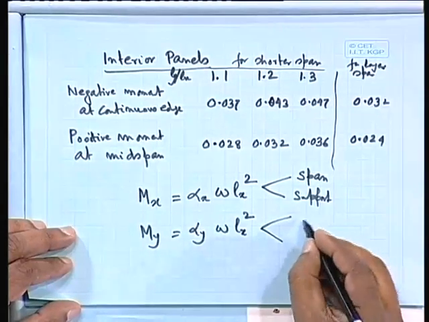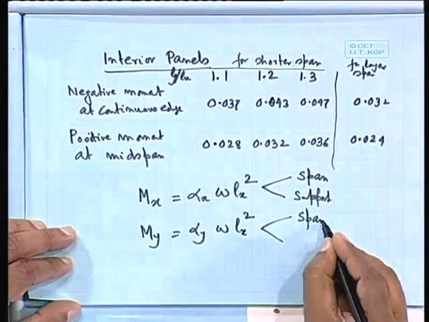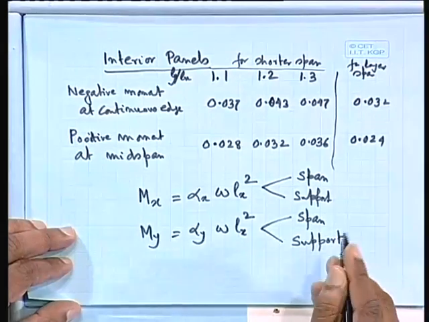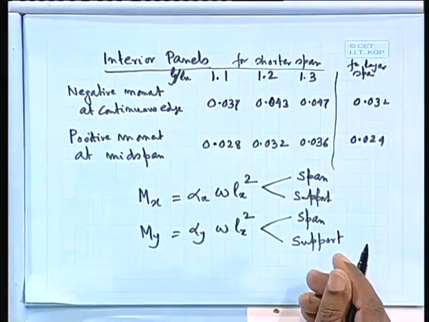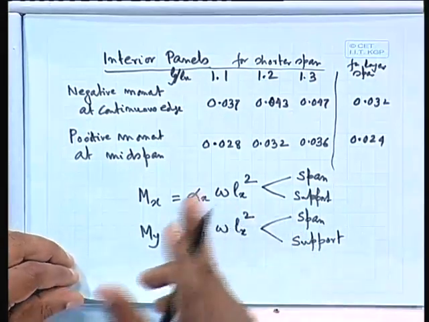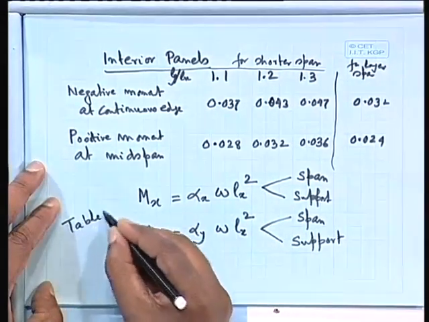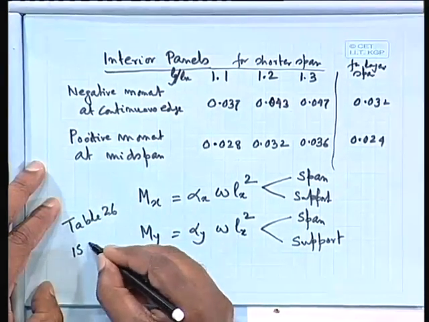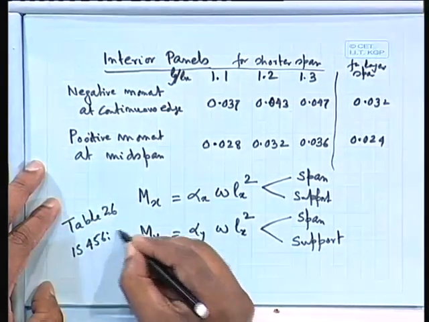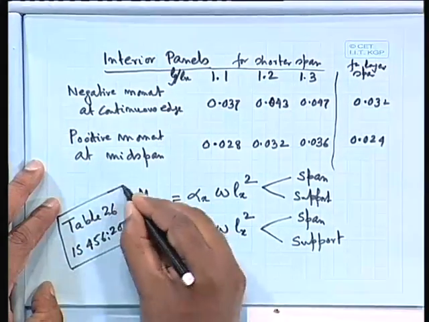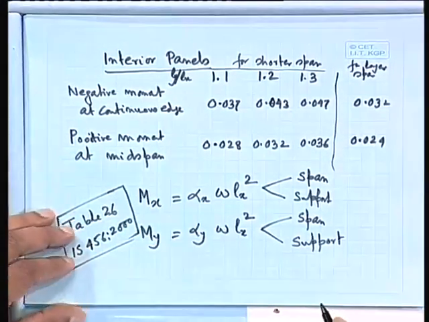Similarly, alpha y also for span and support. So, we shall get 4 different values depending on Ly by Lx, and that we shall get from table 26. Please note, I am repeating this number of times just to remind you that this is the table from where we shall get those values.